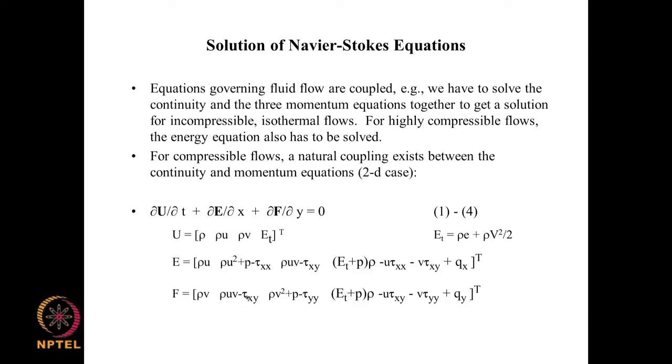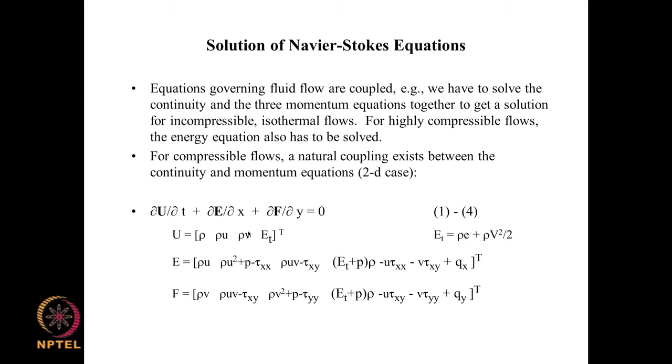If you take the taus onto the right hand side and then the p onto the right hand side, then what we have for the x momentum equation is ∂/∂t of ρu plus ∂/∂x of ρu² plus ∂/∂y of ρuv equal to minus ∂p/∂x plus ∂/∂x of τxx plus ∂/∂y of τxy. It is the same as the x momentum equation that we had earlier.